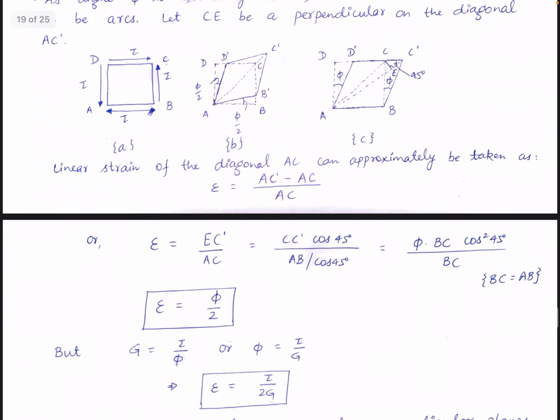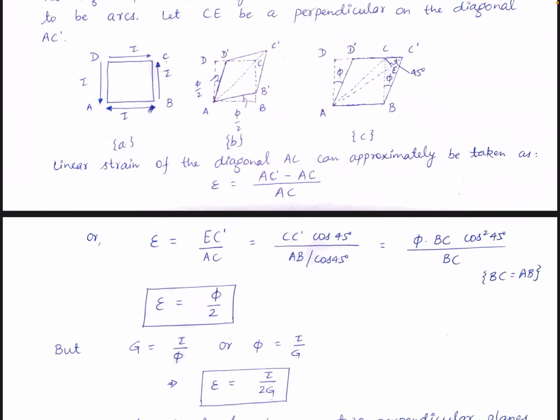Now the linear strain of the diagonal AC can be approximately taken as change in length over original length, where the new length is AC dash and the old length is AC. So this is your strain, change in length upon original length. So AC dash minus AC is how much? You can take it as AE, because AC dash minus AC is equal to EC dash.